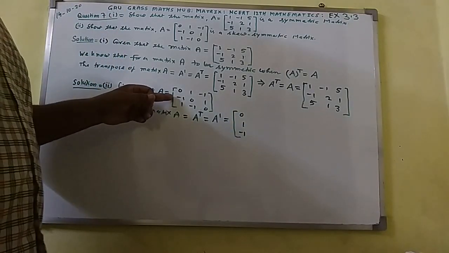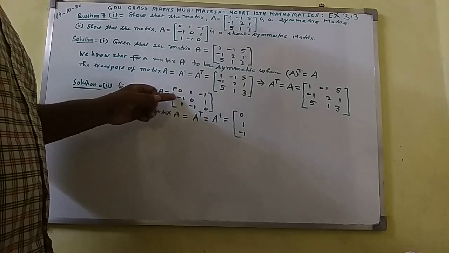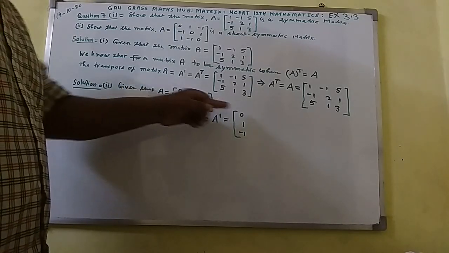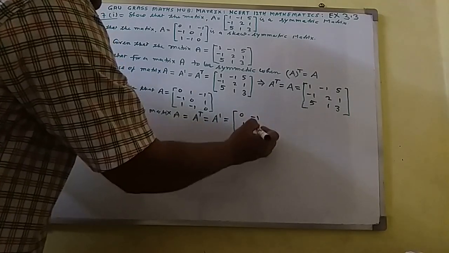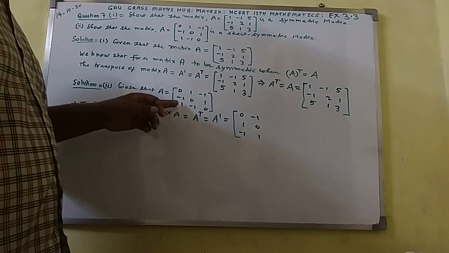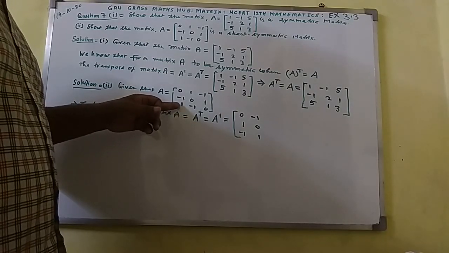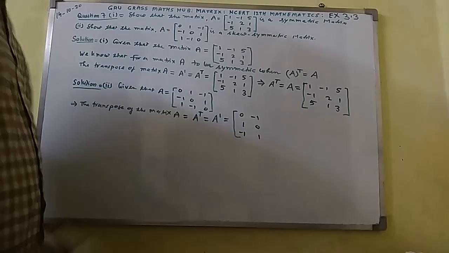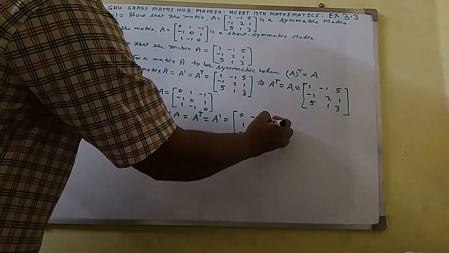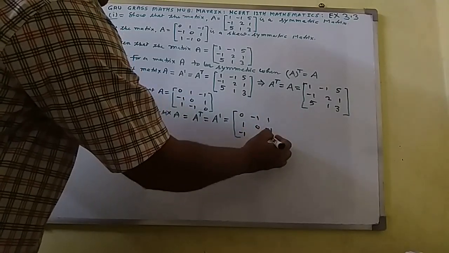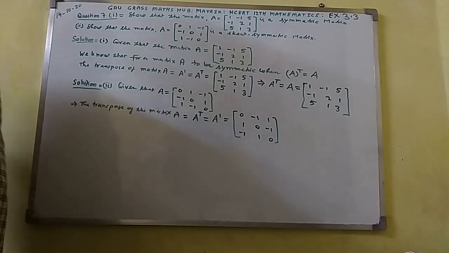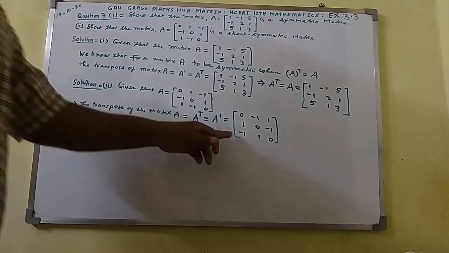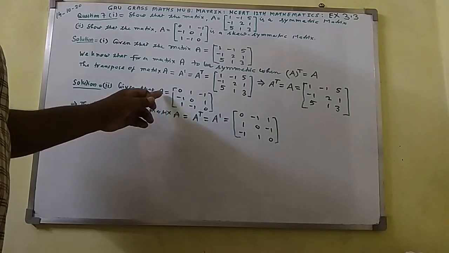This is the second row, which will be converted into second column, so here I shall write minus 1, 0, 1. The third row will be converted into third column, so here I shall write 1, minus 1, 0. Closing of square bracket will be done. This is the transpose of the matrix A.